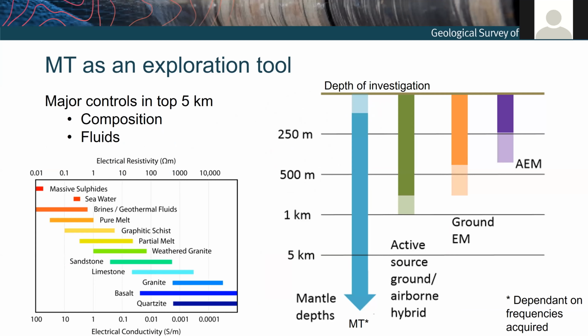So if we think about what we can achieve with MT, I want to think firstly about the shallow crustal area, because it's a lot simpler. Essentially, there's only really 2 controls on what will generate a magnetotelluric anomaly in the shallow crust. And those are the composition of the rocks that are underneath us and the presence or absence of any fluids.